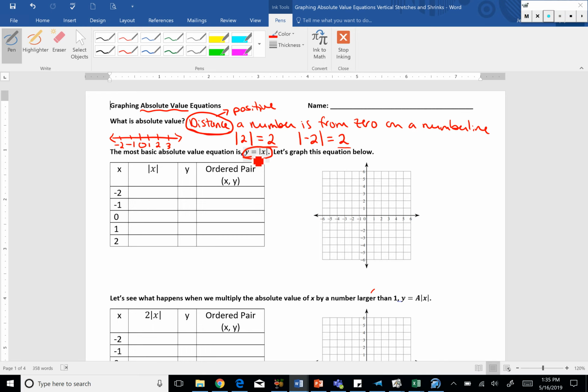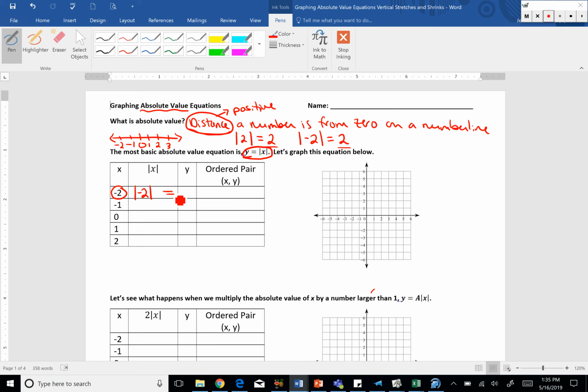All right, so let's start basic. And if we don't know what a graph's supposed to look like, one of the easiest ways to graph is to make a table of values. So to get a table of values, I start with x values, substitute them in for the x in the equation. So we have absolute value, instead of x, I have -2. And that will give me my y value. I put a value in for x, I get a value out for y.